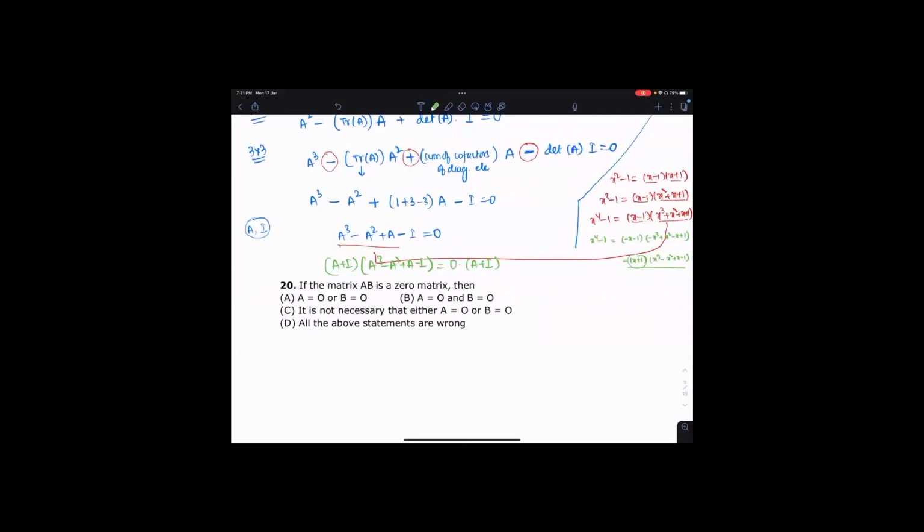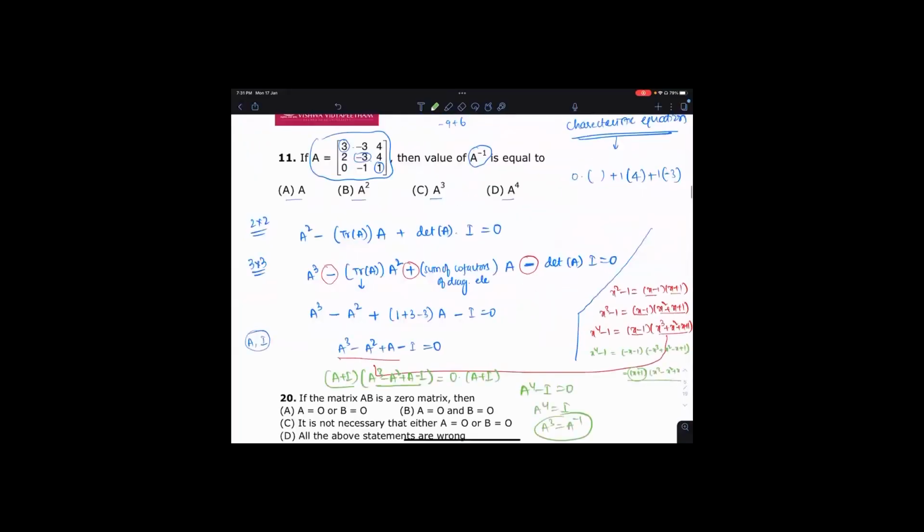A inverse. No? Like, okay. I've taken a tougher example so that if an easier question comes, it will be easy for you to solve. Okay. But these are the two important things which you should know.